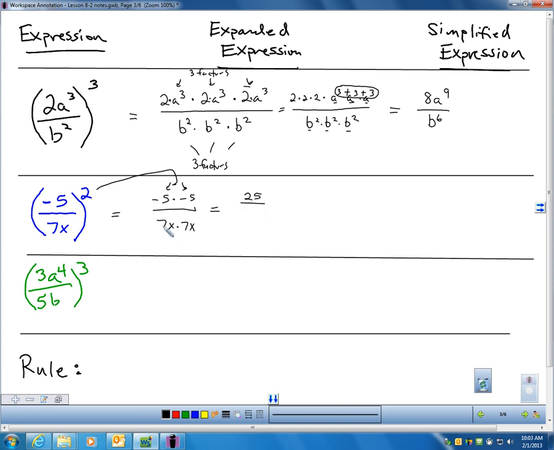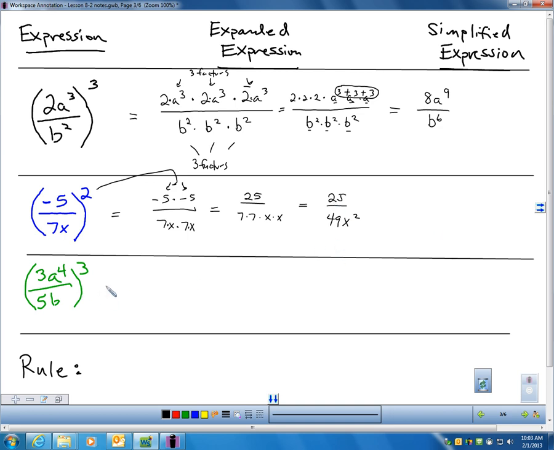Now remember here, 7x means 7 times x. So I have 7 times x times 7 times x. Just thinking in my head, that's 49x squared. That would be my simplified expression.